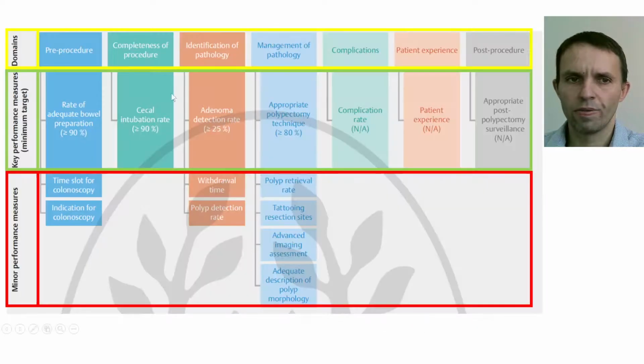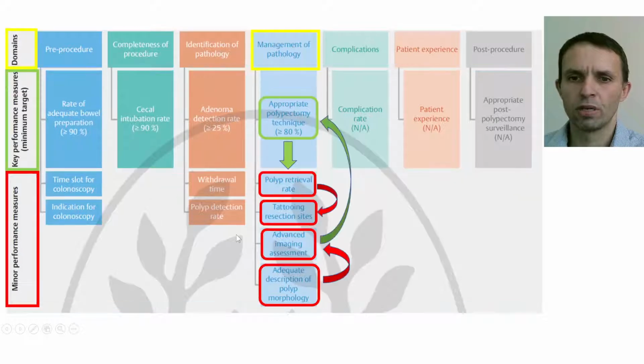The authors of this guideline divided the pericolonoscopic period into 7 domains, where each domain has one key performance measure and may have a few minor performance measures.